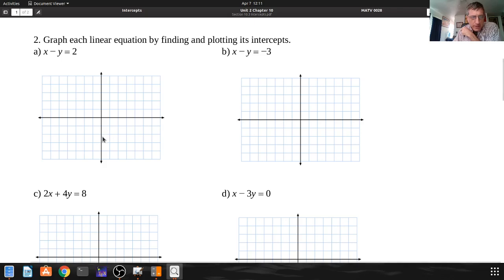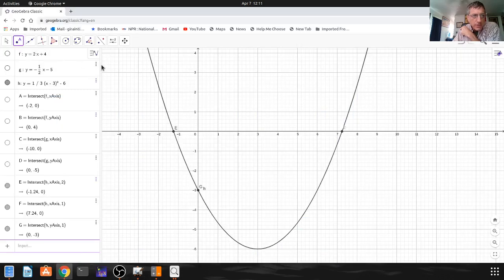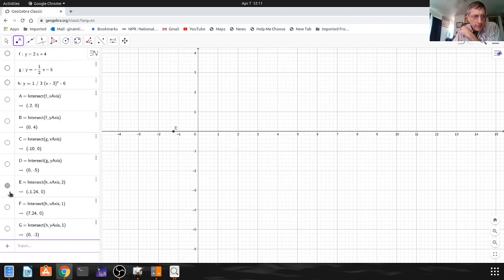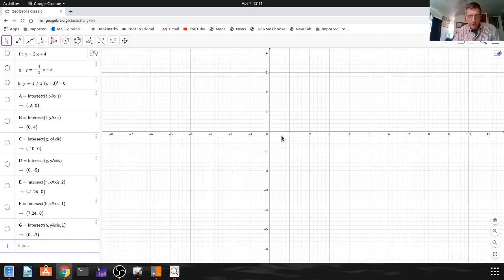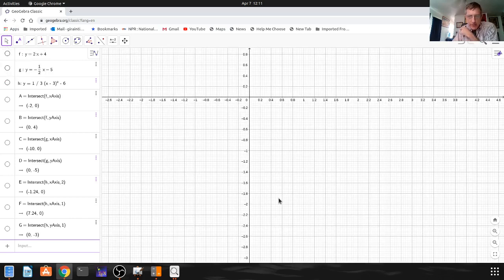I'm hoping you can see that arrow. I made it bigger, hoping that you all would be able to see it. And then my x-intercept, go along the x, y is 0, so you'd put a dot right there, and then you draw a line through them using GeoGebra, my electronic version. We will do that here.